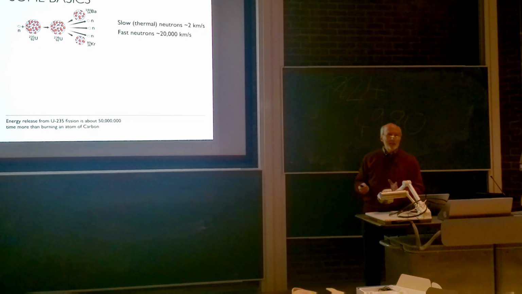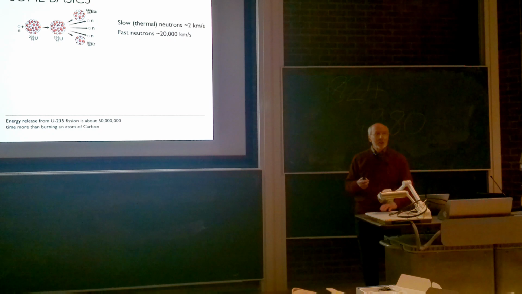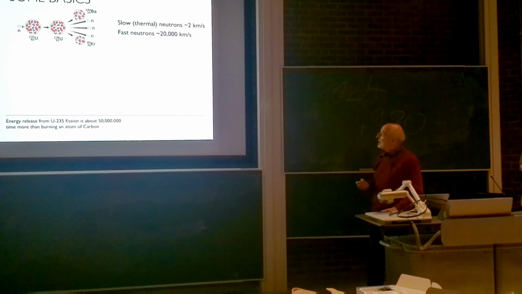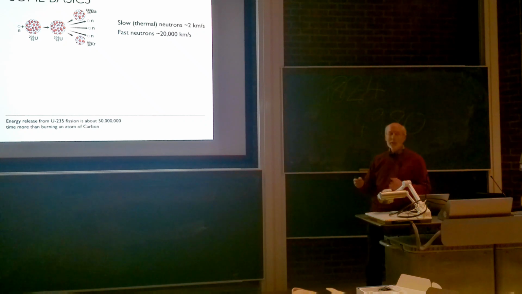I don't know who measured it, but anyway, that's what it's thought. But there is, as we'll see in a moment, some benefit to slowing them down to what's generally referred to as thermal neutron speeds. In other words, they're in thermal equilibrium with the matter that's around them, and that's a mere 2 kilometers per second.